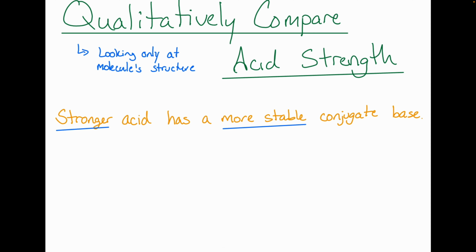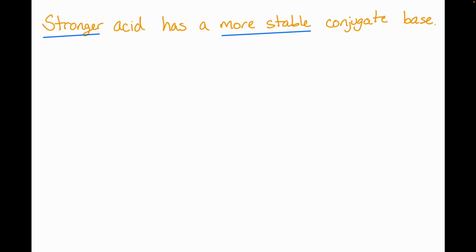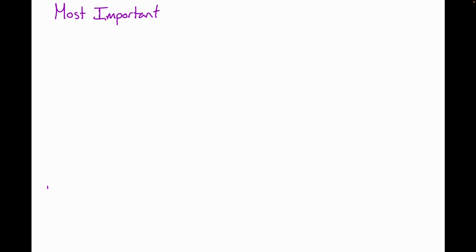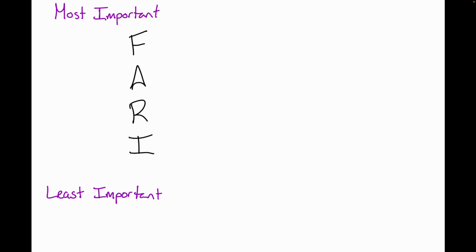Okay, so there are 5 things we're going to look for in our conjugate bases to figure out how stable or unstable they are. We're going to rank these from the most important to the least important, and we're going to use this acronym, FARIO, to help us out.